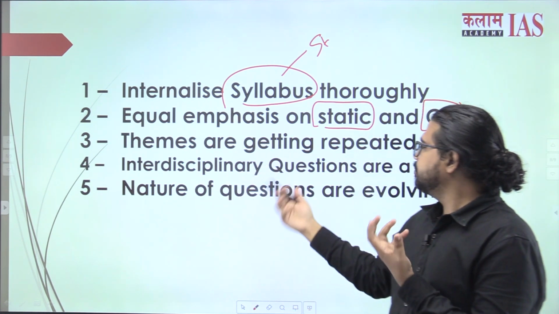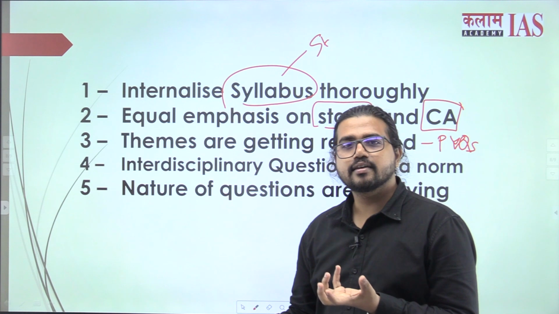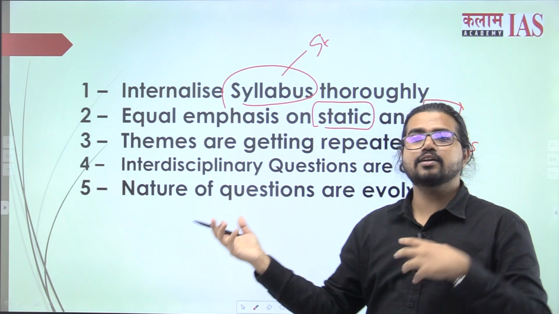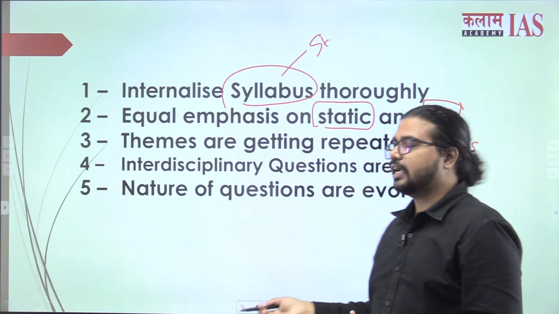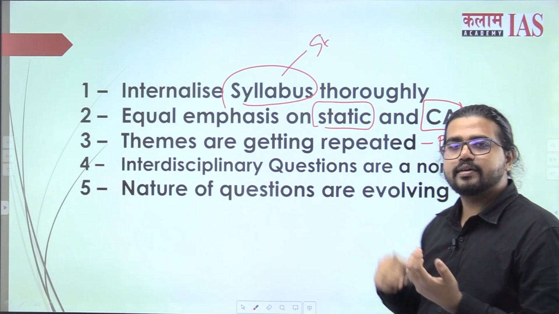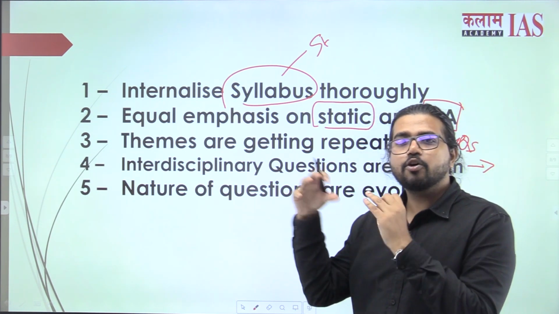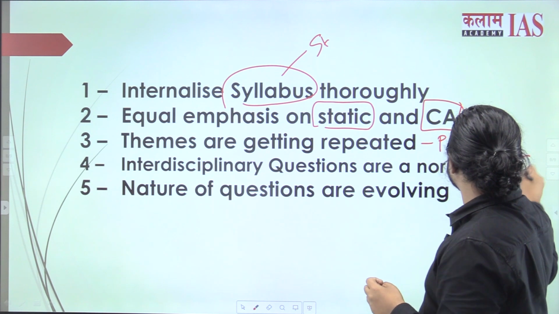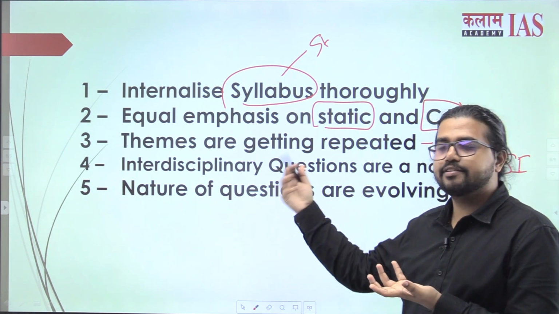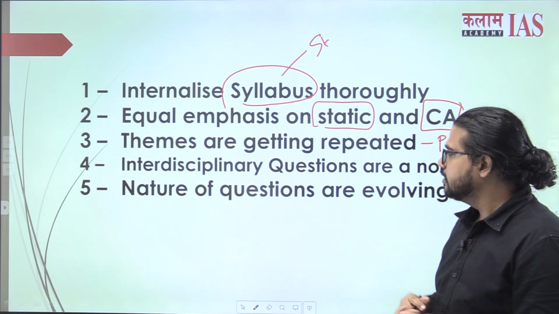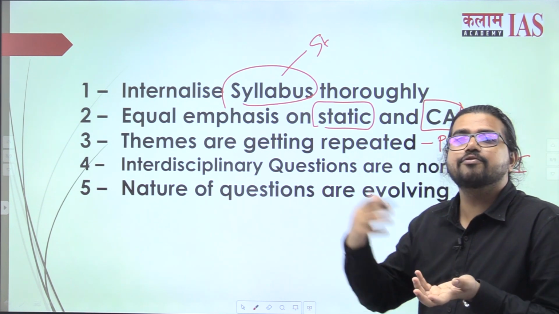Fourthly, interdisciplinary nature of questions is coming. Gig economy, science and tech, all are coming in Indian society. How to tackle it? Whatever you read, newspaper or static material, keep an eye open for social implications. How it will be impacting different social stakeholders. Fifthly, the nature of the questions is evolving.